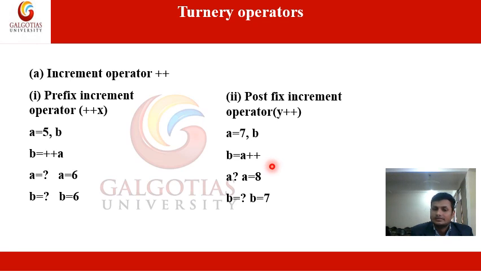Since A comes before the operator, first we transfer the exact value of A, 7, to B. Now A plus plus means A equal to A plus 1, so we increment the value of A by 1. Now the value of A will be 8 and the value of B will be 7.